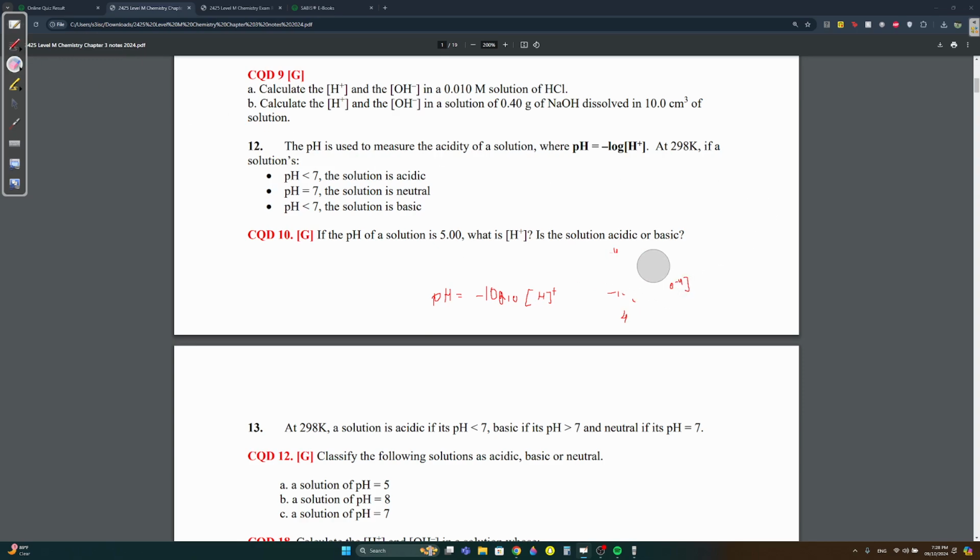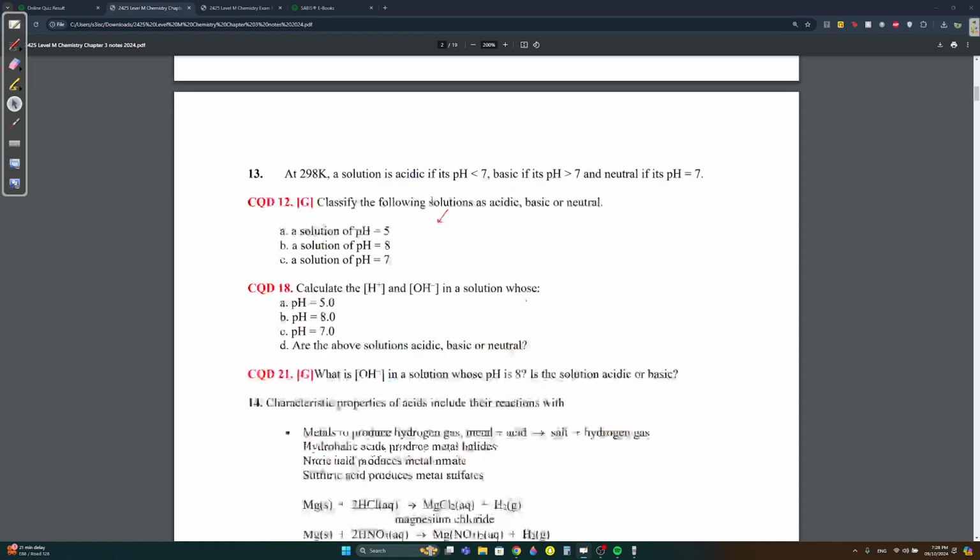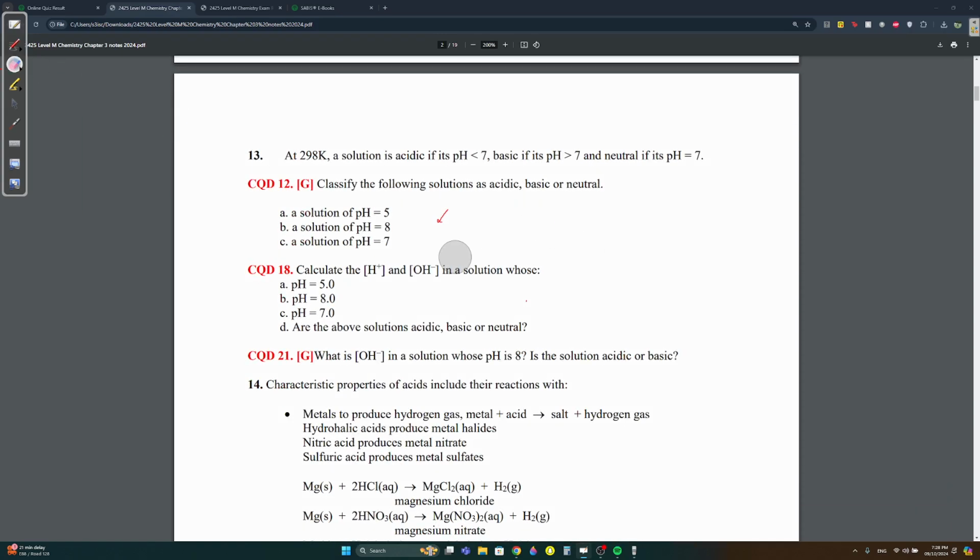But let's say they gave you the pH and they want the concentration. Always know this: the concentration of H plus is equal to 10 to the power of minus pH. So in this case, it's going to be 10 to the power of minus 5. In case they ask this. Let me continue because we're taking too long.